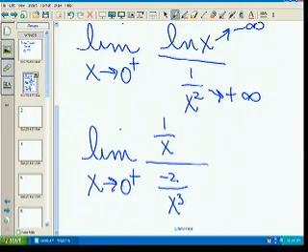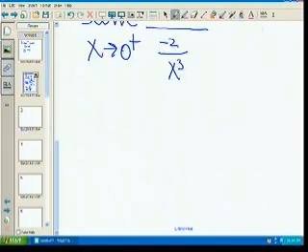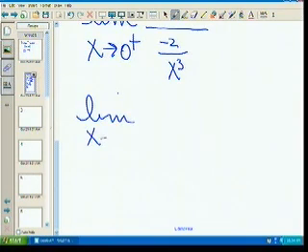So we have a complex fraction. We have fractions within fractions. So we have 1 over x in the numerator, and we can multiply by the reciprocal of the denominator, which makes this a single fraction.